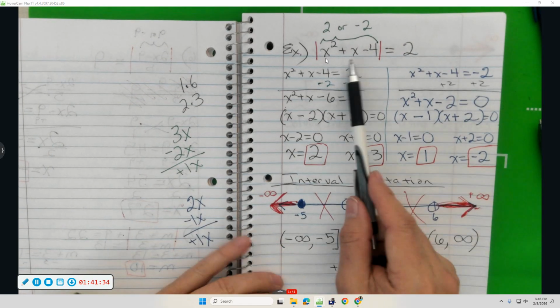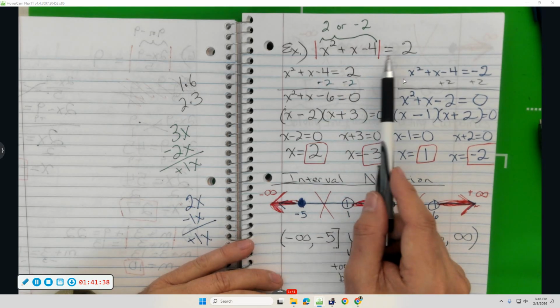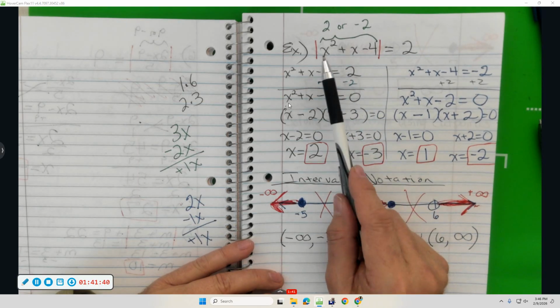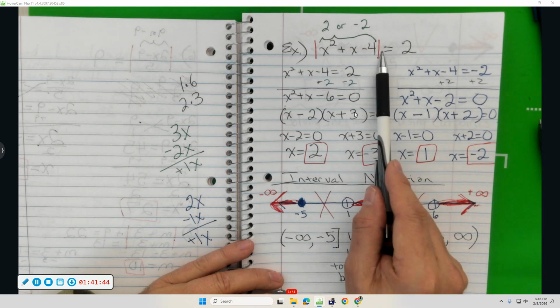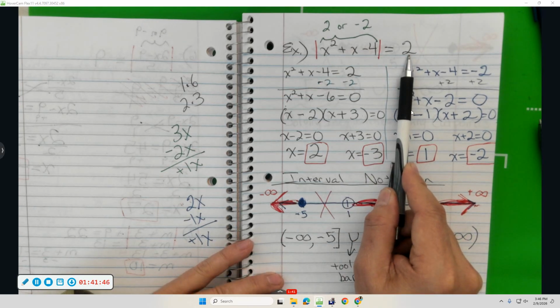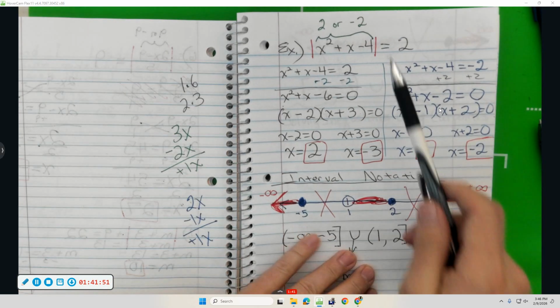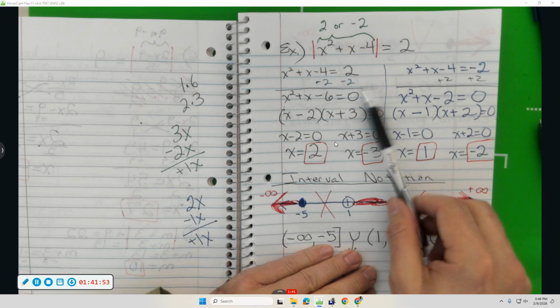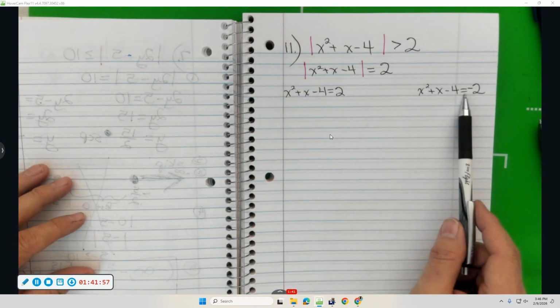This looks familiar to me. Isn't that what we're going to have to solve right now? x squared plus x minus 4 inside the absolute value bars equaling 2? Yeah, that's what I was just trying to get you ready for this problem. That's why I made up this example in class on Wednesday. I wanted to get you ready for this.